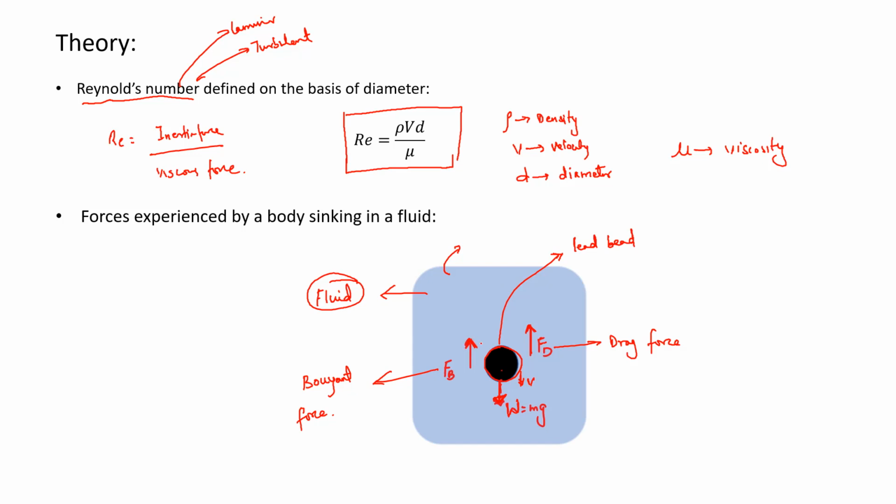And also because this fluid has some viscosity, it is not an inviscid fluid, and the tendency of this viscosity is to oppose the motion. Since the motion is in the downward direction, you will have this drag force acting upwards because of the viscosity of the fluid, and this drag force will try to retard the motion.